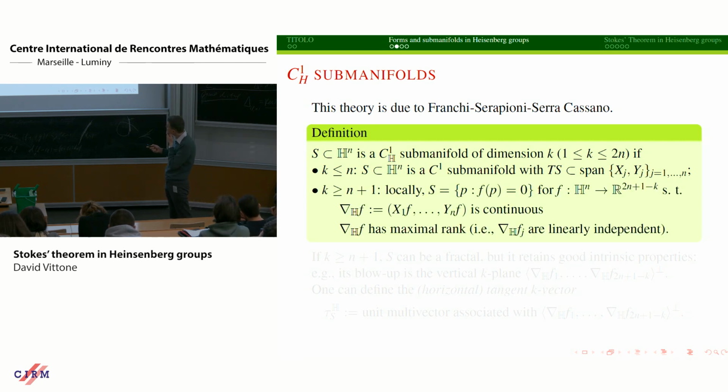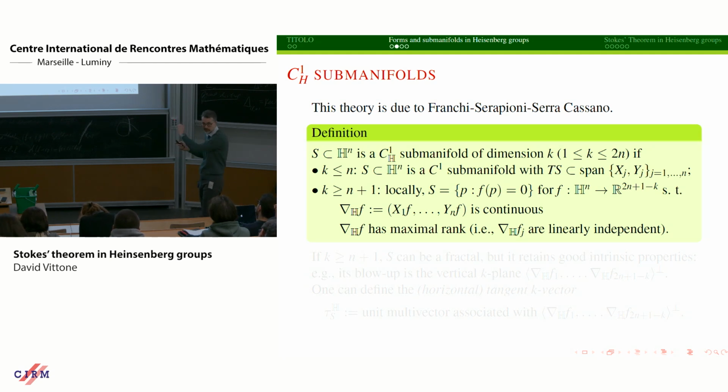Okay, what is the definition of intrinsic C1 submanifold of high dimension? So when k is greater than or equal to n+1, C1H submanifolds are defined as level sets of functions f from the Heisenberg group to a Euclidean space.